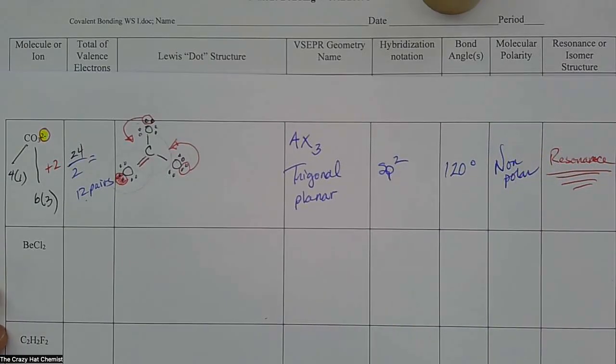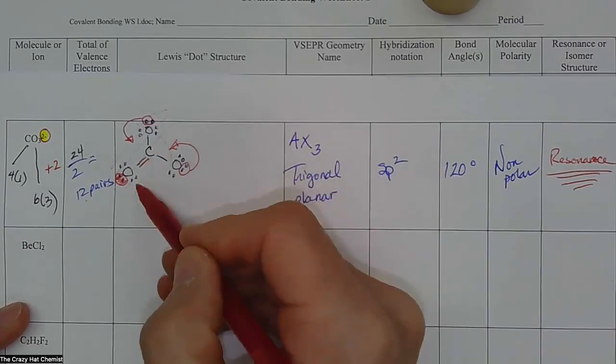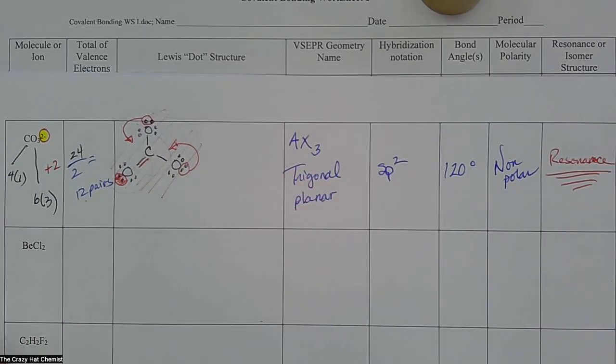Okay. So now we're going to do one more thing here, and we're going to truly draw all the necessary resonance structures for this. So really, this is going to be crossed out, okay? But I'm going to rewrite this one and add something more to it.